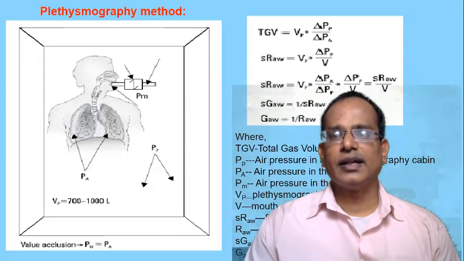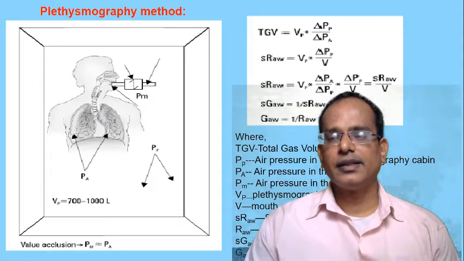So the specific gas volume is equal to 1 divided by the specific airway resistance.